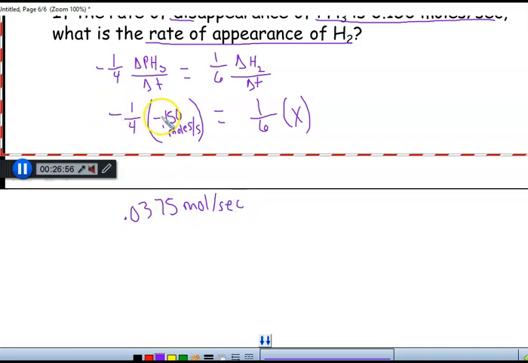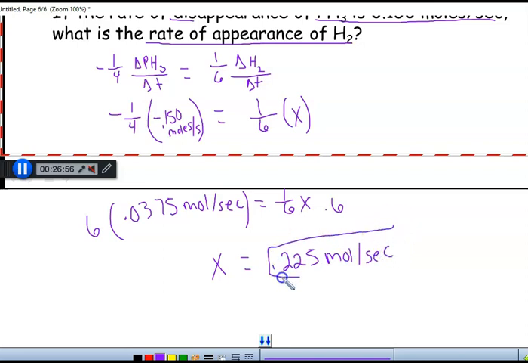That's just that negative making a positive, basically multiplying that, equals now 1/6 of X, and to get X by itself, I'd multiply both sides by 6, because it's 1/6, and you would find that X equals 0.225 moles per second. And so that's how you would use that crazy little formula thing going on there.